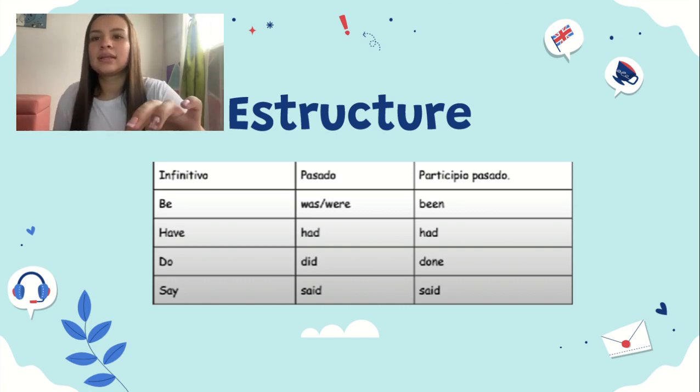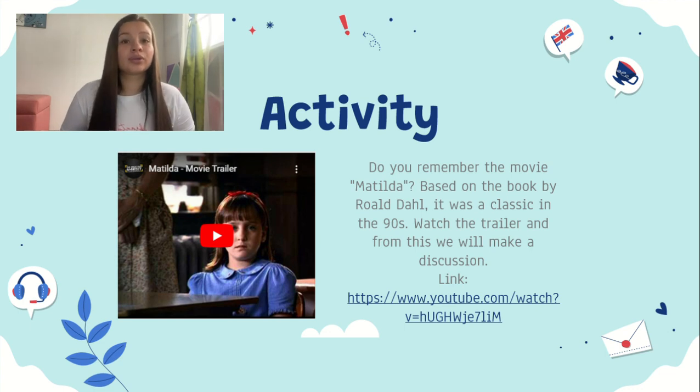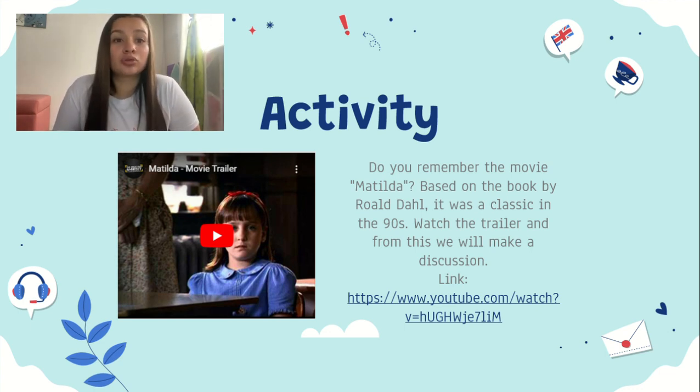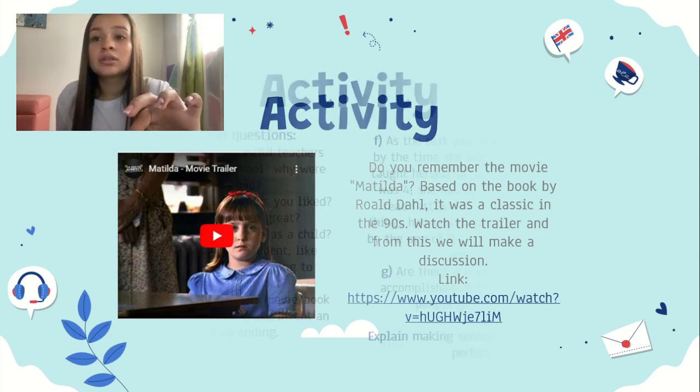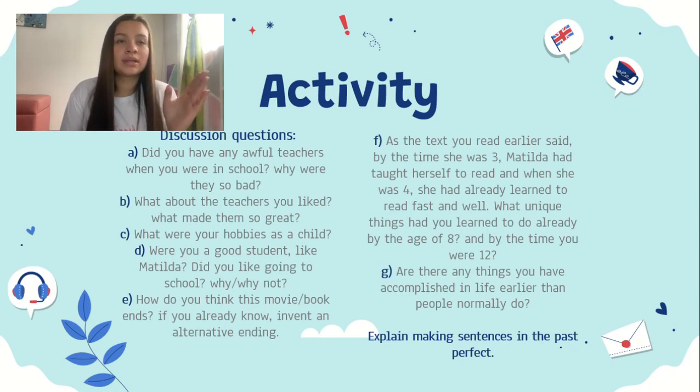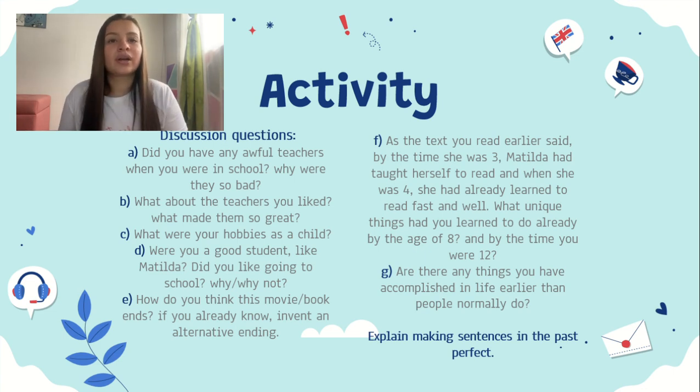So in the activity, we are going to put into practice our knowledge about the past perfect. We are going to see the trailer of Matilda, or just remember the movie, and we are going to have a discussion. In this part, one student is going to ask another student about the different situations where we have to use past perfect.